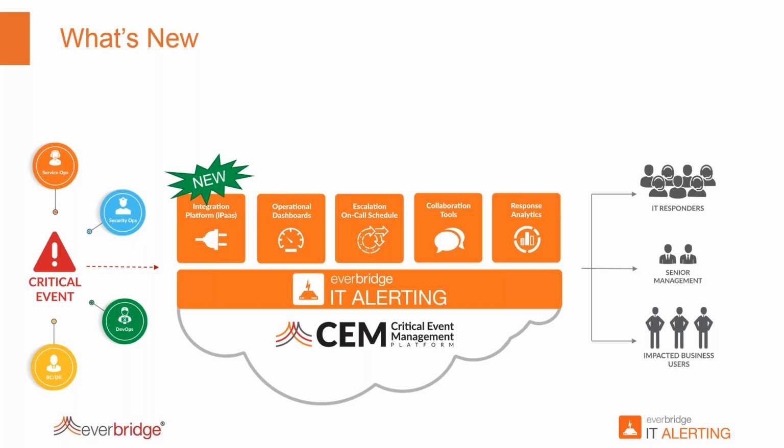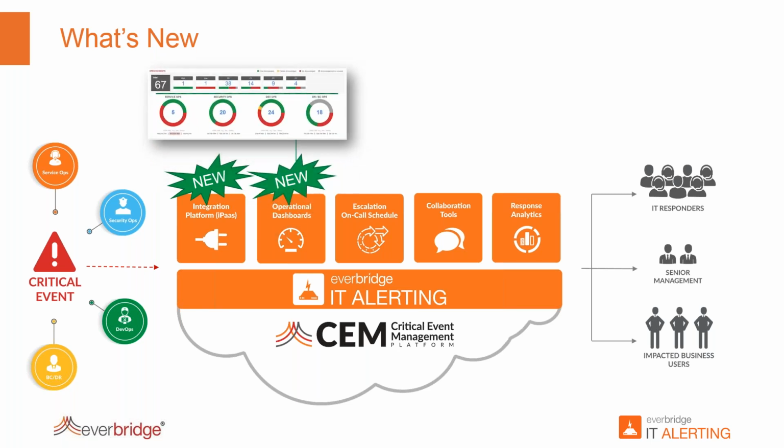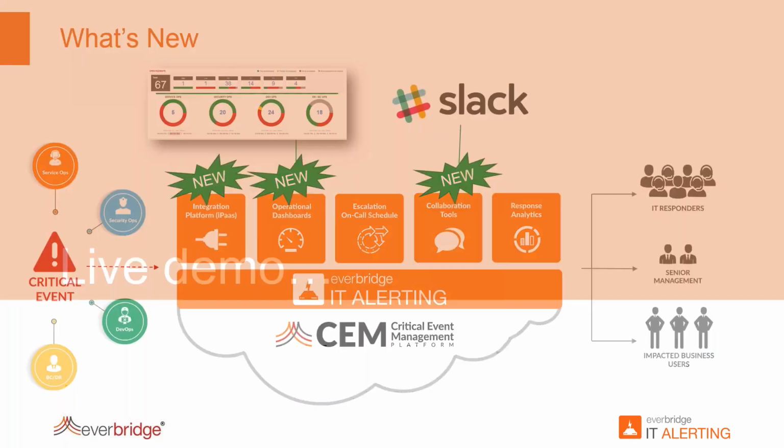First, iPaaS, our integration platform as a service, which will help you build your own API-based integrations with any tool that you can think of. Second, interactive dashboards, which provide heat maps showing IT managers where they should focus their attention. And last but not least, one of the major enhancements brought by the full release is the Slack integration. With no further ado, I'm going to pass the control over to Prashant for the live demo.